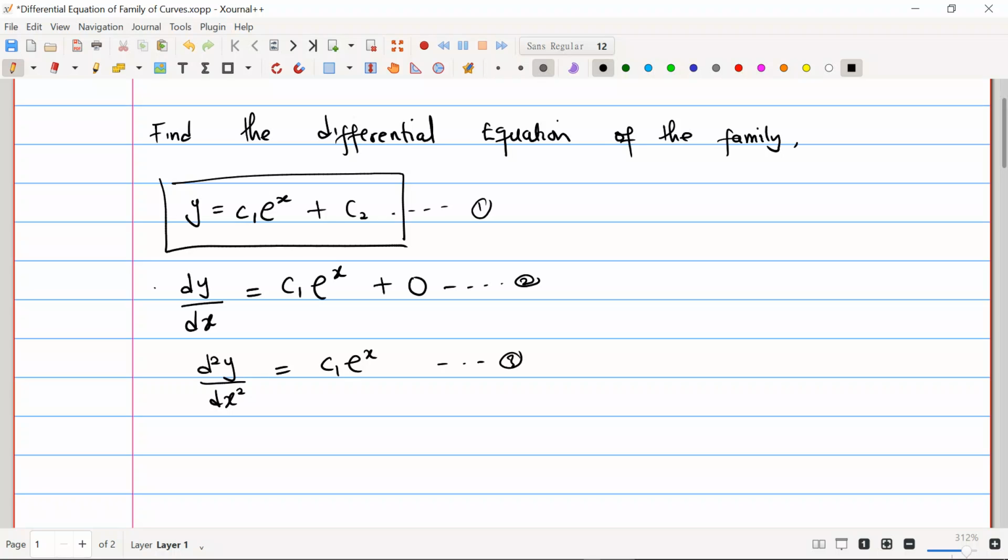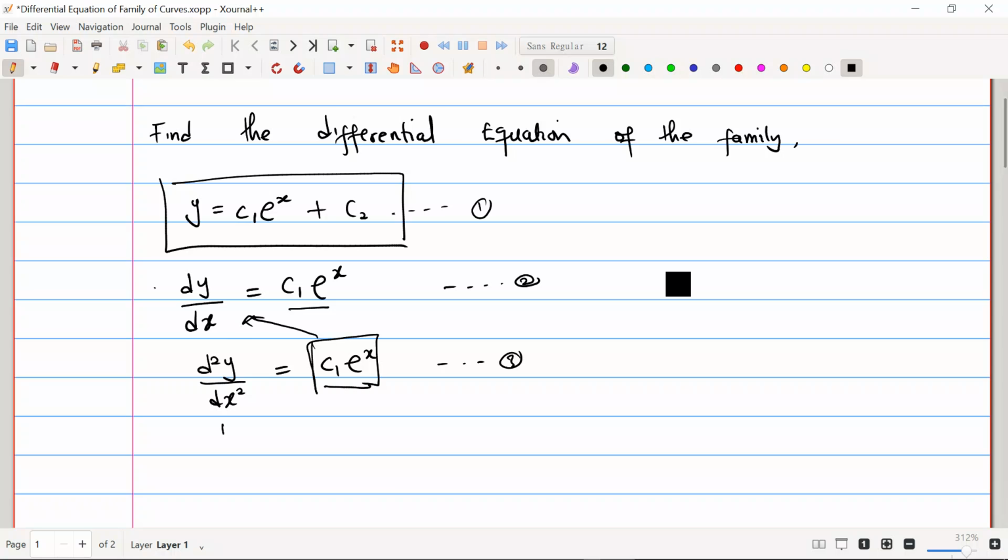If you look at the left side of the third equation, you realize that it is dy/dx, because dy/dx is equal to c1 e^x. The 0 is not part of it, so I can just clean this up and I still have that. So this whole side can be replaced with dy/dx. I don't know if you get that point.